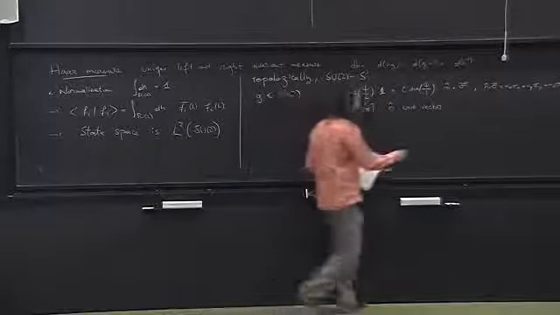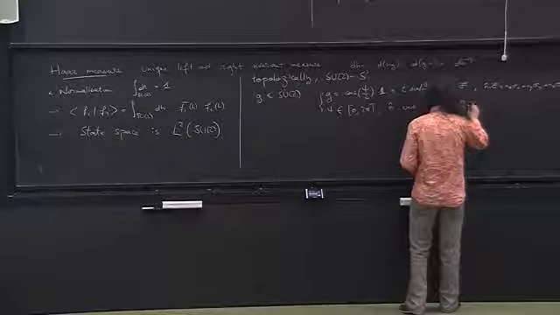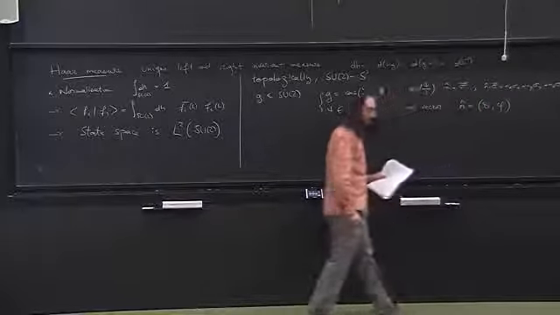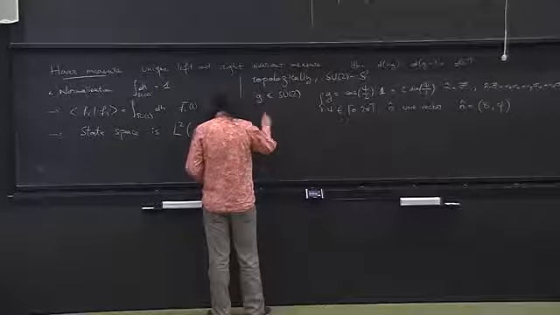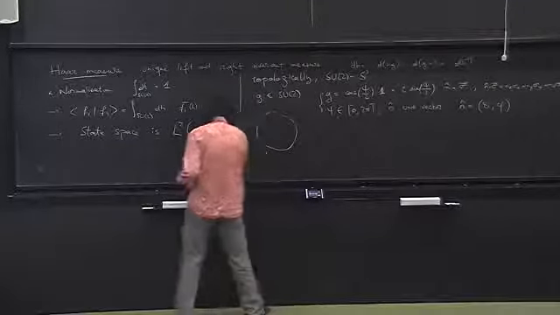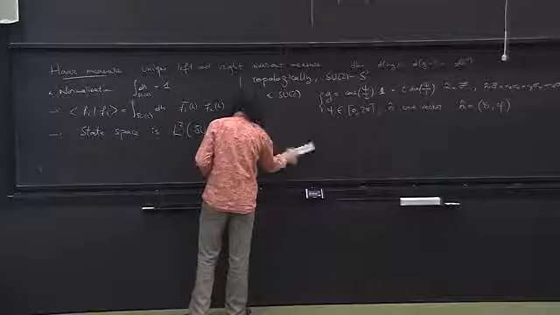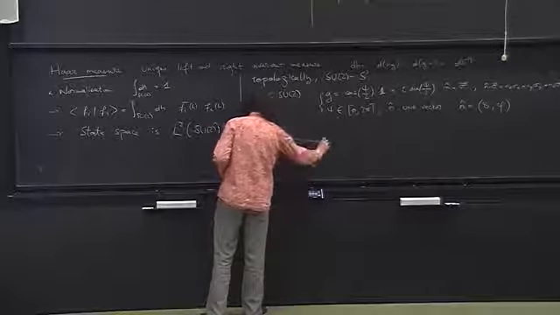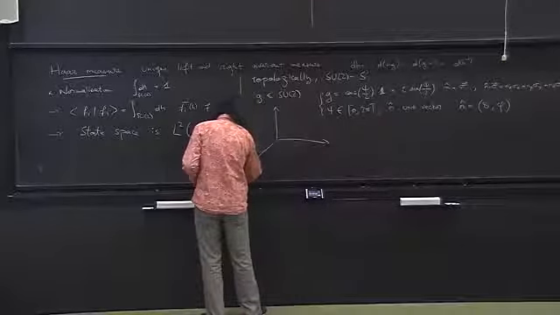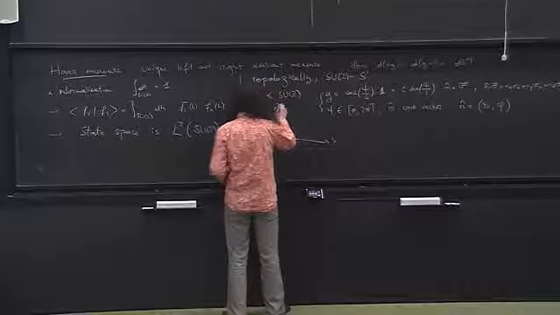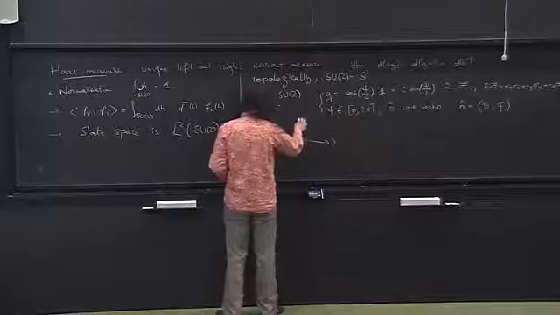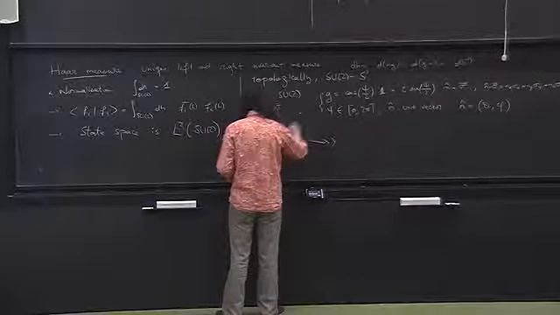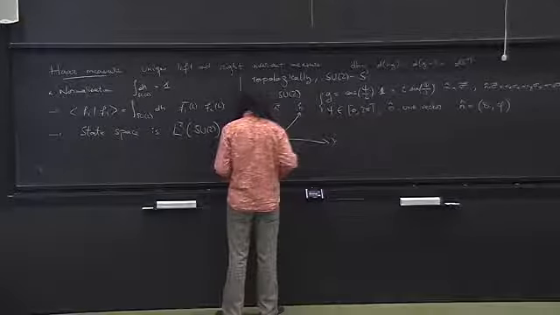And so you can write n, because it's a unit vector, it's parameterized by two angles, theta and phi. So if you have x, y, z, like that, and take a point on the sphere, that's n.